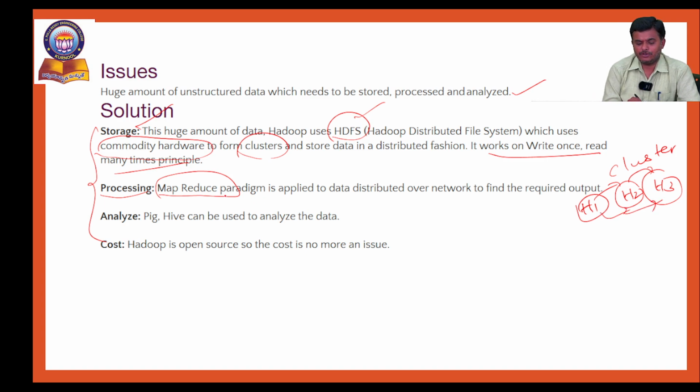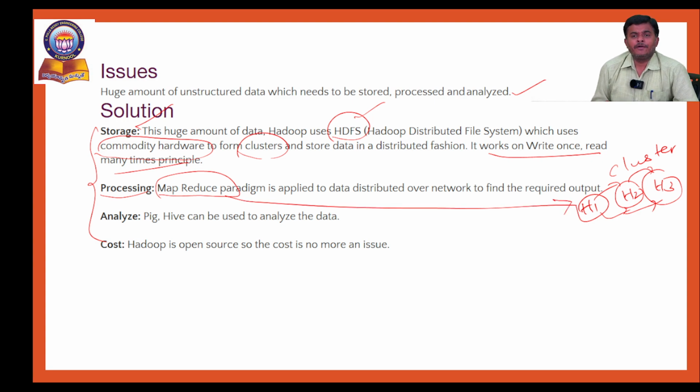MapReduce works like linking to each and every system where the data is stored. It sends the program to the systems in the cluster and gets output from those systems. So this is as simple. Complete data will not keep moving here and there. Only the program corresponding to the application is transferred from the server to all the clients in the cluster.